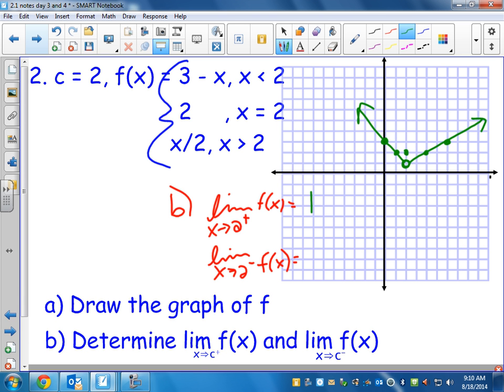It's not exactly 1 because it's an open circle there, right? But we could keep getting closer and closer to 1. And the same thing if I come in to 2 from the left, coming in this way, it's also approaching 1. The function doesn't actually equal 1 there, though, right? Because it's a piecewise, it actually equals 2. That has nothing to do with the limit value, but we could say that.